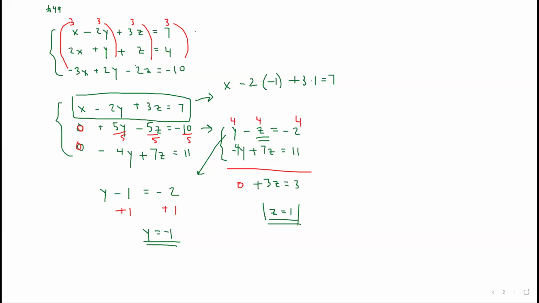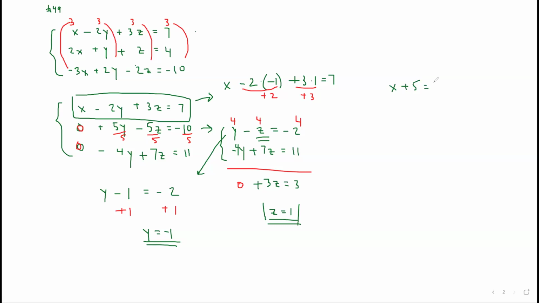Okay, so what about x? Let's put the numbers together. So it'll be +2 and +3. So it's 5. So I can say it's x plus 5 is equal to 7.